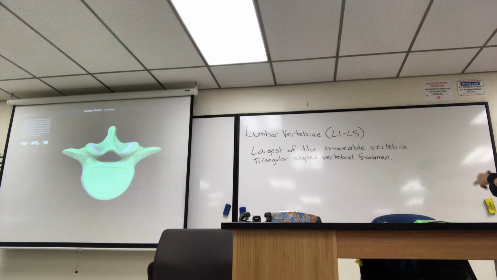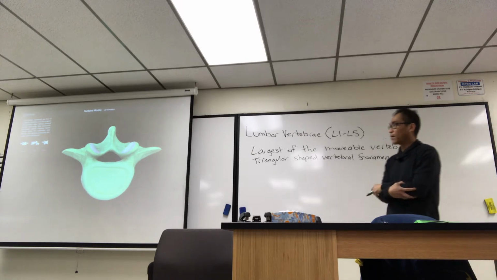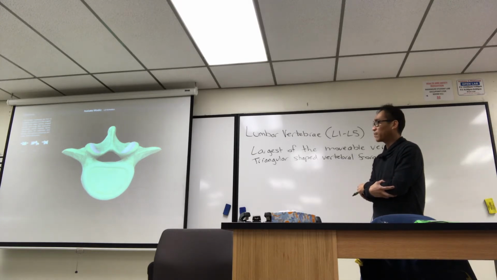And I think the largest clue is their size, but I feel my descriptions, you just have to look at it in lab. When I ask you to identify which region it's from, it should be fairly obvious if you spend time with the bones in the lab. I think that's the easiest way to identify them.